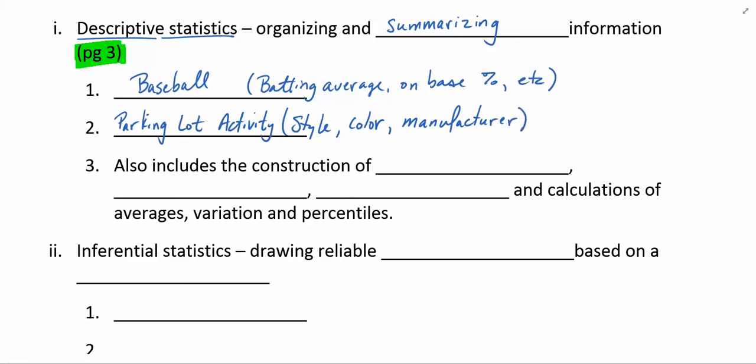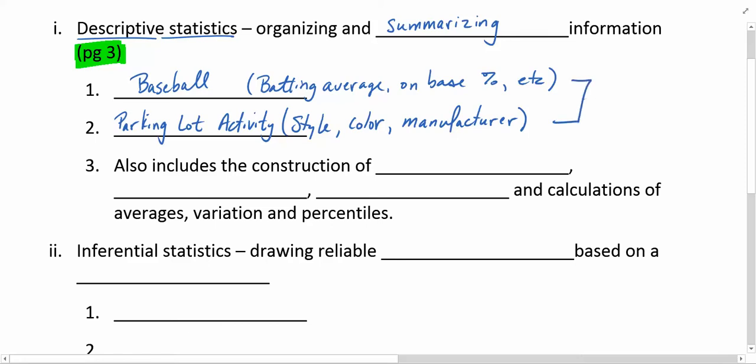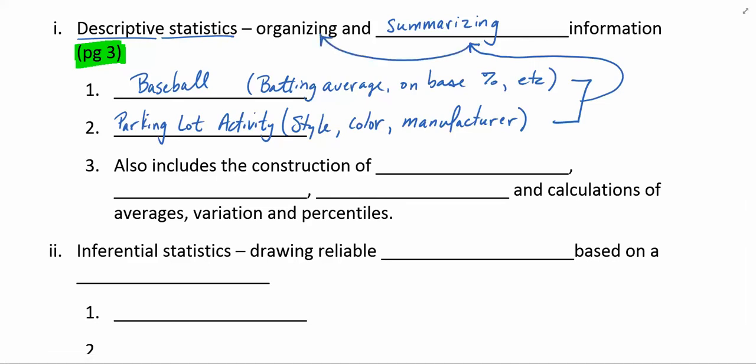And again, these are examples of descriptive statistics because all that we did with that data is we looked at a bunch of examples and we organized and summarized information from a population.